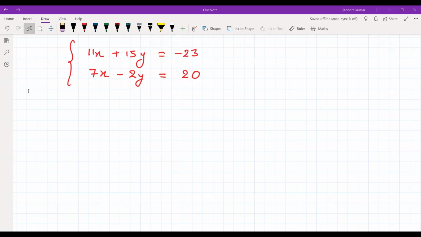So let's try this one. Yeah, Akshita, that is right: 2 and -3. So let's try the next question.